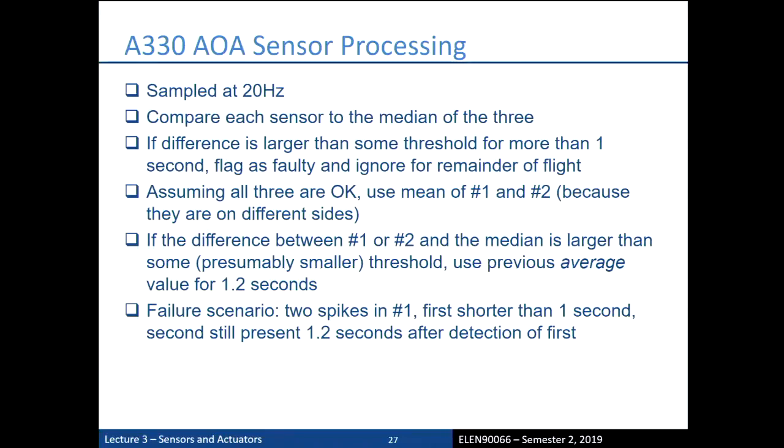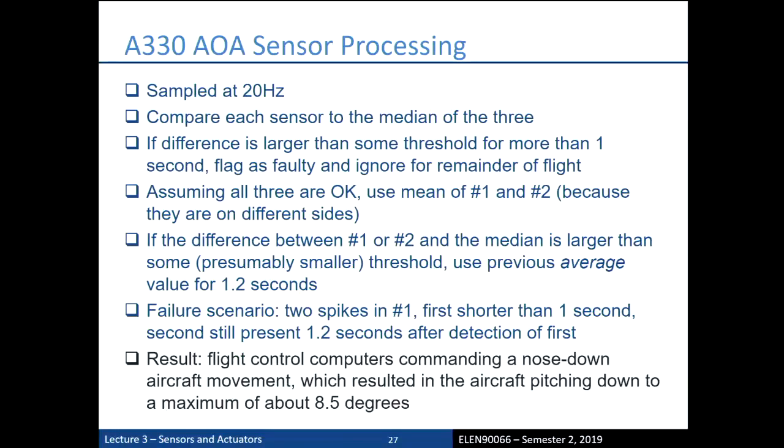So that third point didn't hold. It didn't ignore that sensor value because the spike was too short, basically thinking it's just a momentary thing. And a second spike came along 1.2 seconds after the detection of the first. Essentially it just accepted that bad sensor data in the average, because it's taking the average of 1 and 2 here.